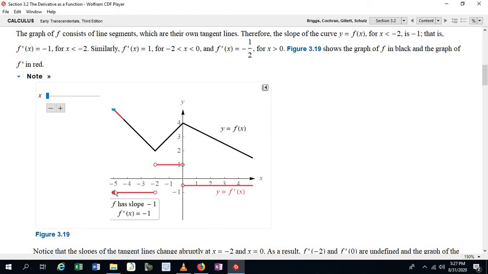So that's the graph of the derivative of this function. Remember, in the graph of the derivative, the y value represents the slope of the tangent lines for the x values in here.